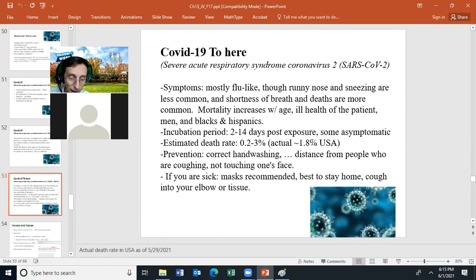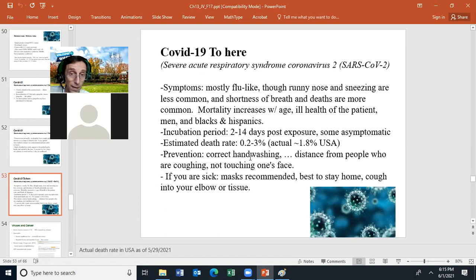It's pretty obvious that the healthcare in America is better than the healthcare in Mexico, and so that's why we have a lower death rate than in Mexico. But there are other factors coming into play. Obviously, there are more Hispanics in Mexico than there are in the United States, so that would be another reason why the death rate would be higher in Mexico than in the United States.